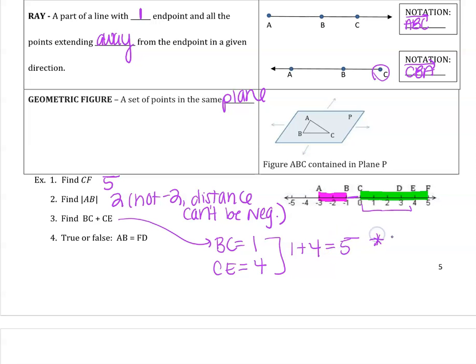Now, the justification for why I'm able to say this part plus this part would give me this whole is, oh, I'm sorry, I'm writing that wrong. The whole is equal to the sum of its parts.